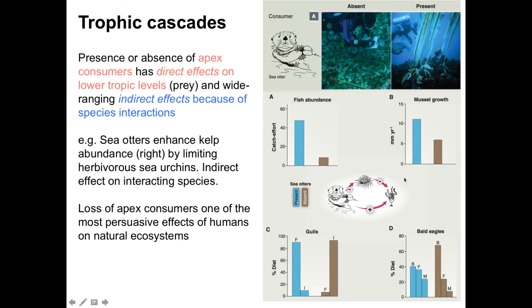For example, there is more muscle growth where sea otters are present, and the diet also affects the diet of things like eagles. So, it has these flow-on effects that go through and across different species and that are caused by the interaction among species. So a single, in this case, vertebrate apex predator can have multiple effects on different parts of the ecosystem.